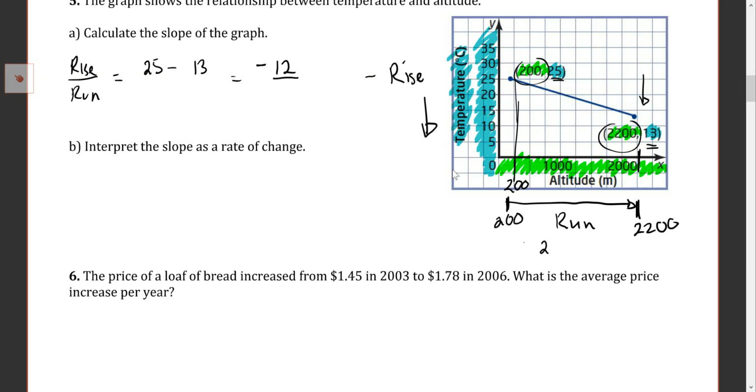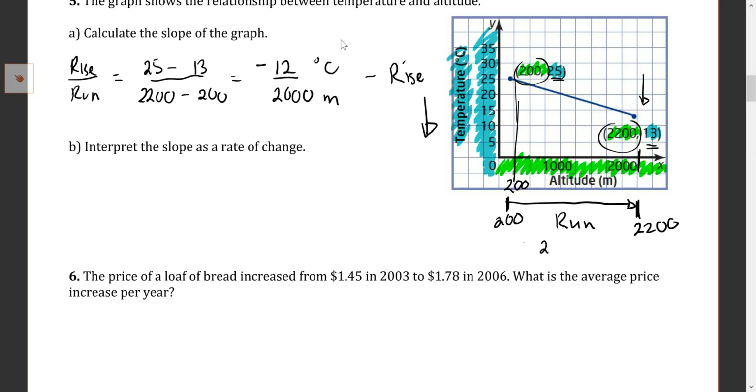The run then is from 200 to 2,200, so 2,200 minus the 200, and the difference there is 2,000, yeah? So we are going down 12 degrees every 2,000 meters. Does that make sense with water? Any divers amongst you?